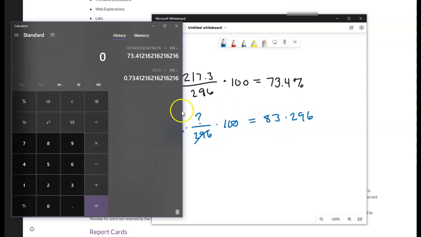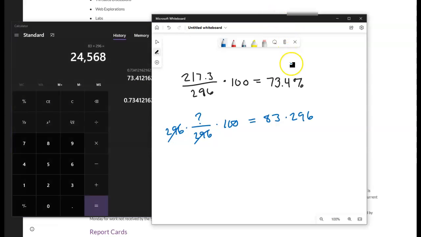So 83 times 296. We get 24,568 over here.